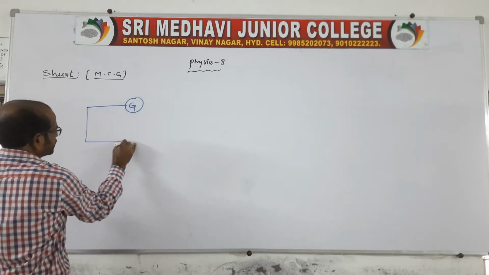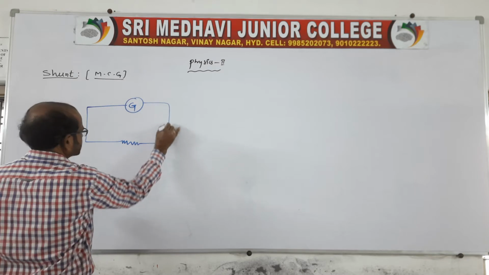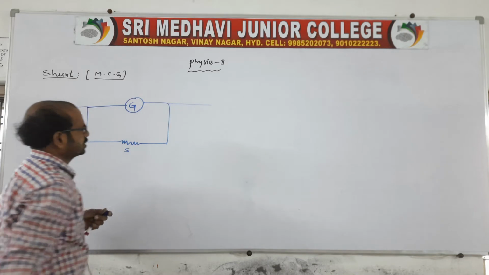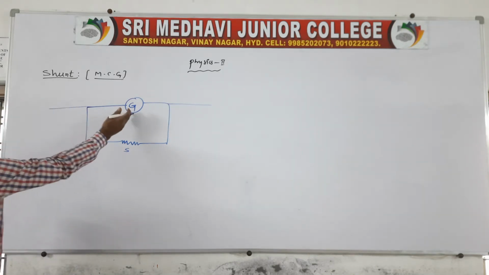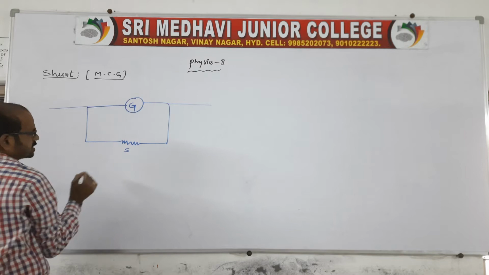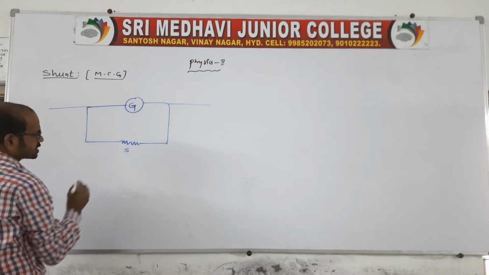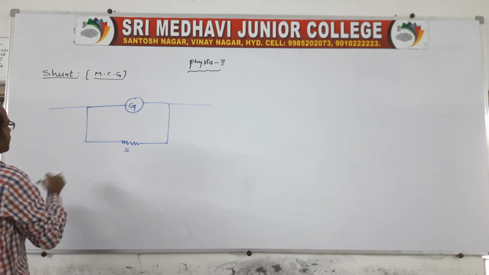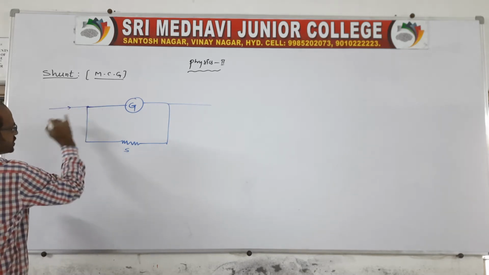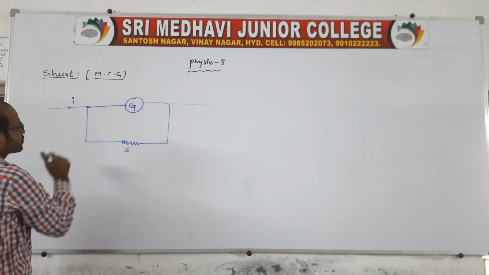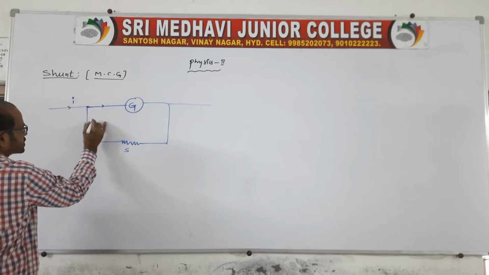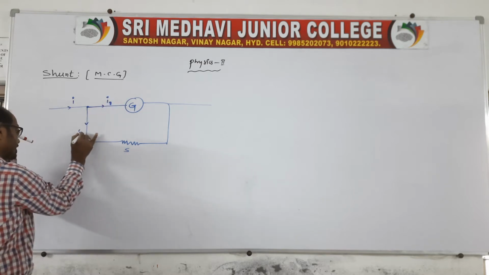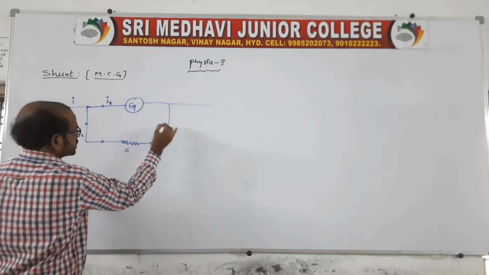For this galvanometer, there is a small resistance, the shunt, connected in parallel. The resistance of the galvanometer is capital G, and the resistance of the small resistor is S. When the total current I enters at this junction, it is divided into two parts: one is Ig, and the other is Is, which flows through the small resistance, the shunt.